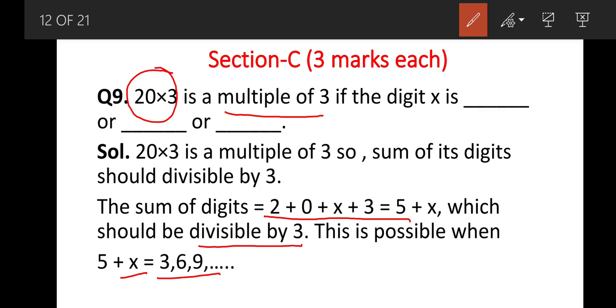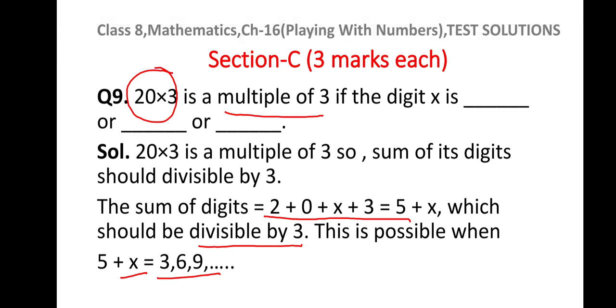If I take the value of x as 4, 5 plus 4 is 9, which is again divisible by 3. If I take the value of x as 7, 7 plus 5 is again 12, which is divisible by 3. So likewise, you can keep on putting values of x to get a number divisible by 3.